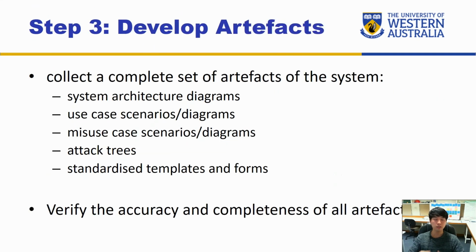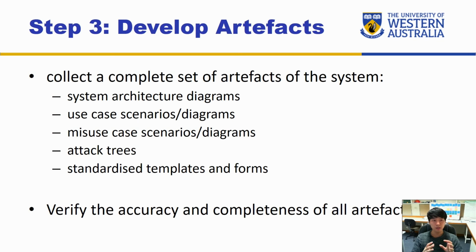Okay. So once we have the security goals, then we can look into developing artifacts. Artifacts are the ones that describe the functionalities of the systems. In order to do that, we need to collect a bunch of information related to the system, such as the system architecture diagrams, use case scenarios, misuse case scenarios, attack trees, standardized templates, and forms.